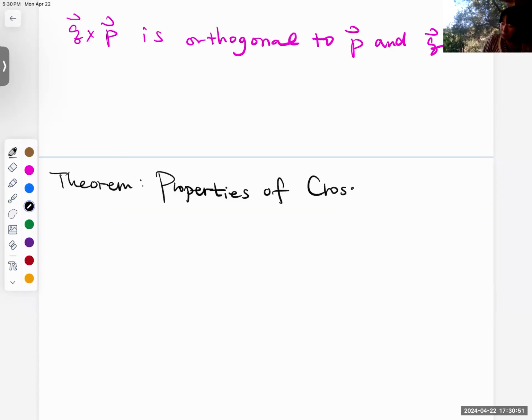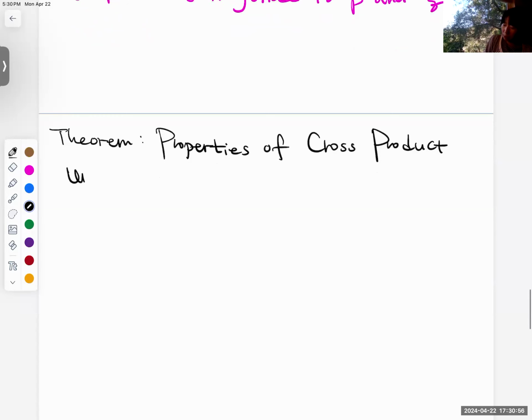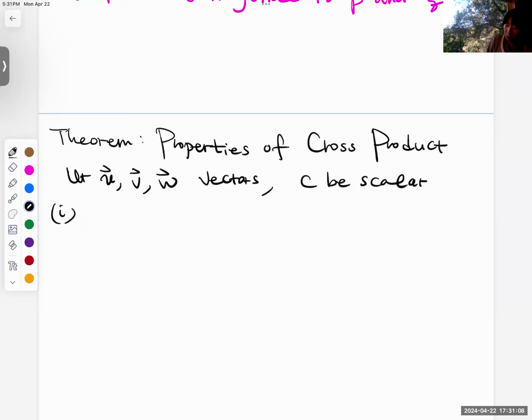Properties of cross product. Okay, so let U, V, W be vectors, and C a scalar. The first one, U cross V equals... We can make it anticommutative with a negative sign, right?